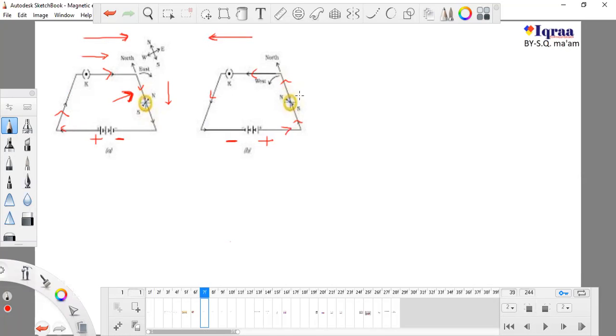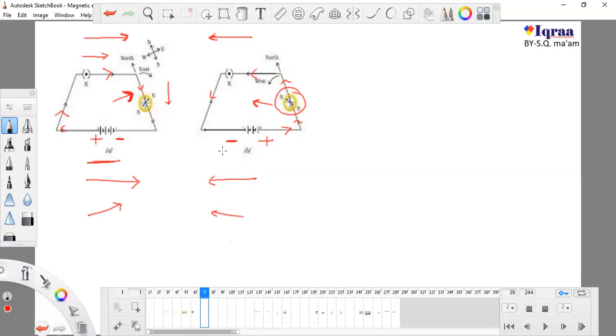Here the movement of current is in this direction, and here the movement of current is in this direction. Here you can easily see the needle of the compass deflected. When the direction of current is here, the needle of the compass is deflected towards this side, and when the direction of movement is towards here, the needle of the compass is deflected towards this side, because we know that electricity moves from positive to negative.